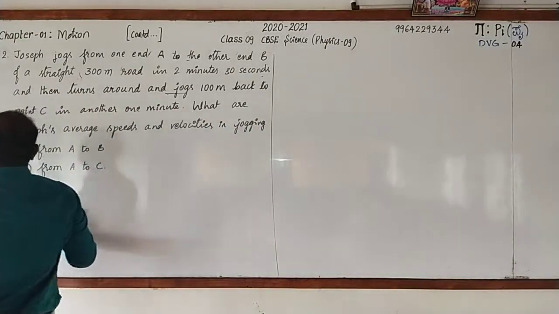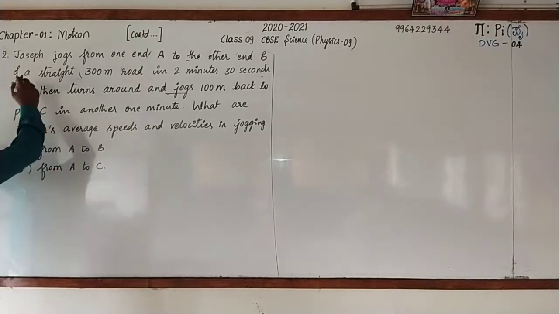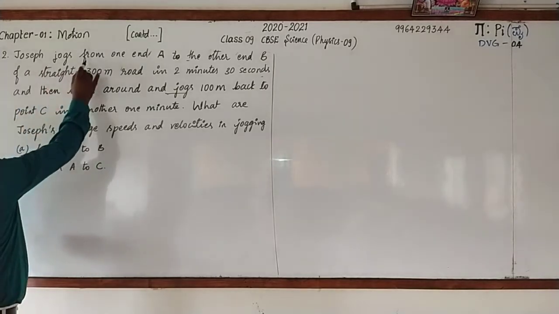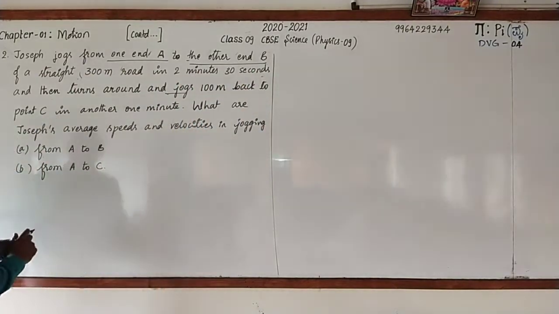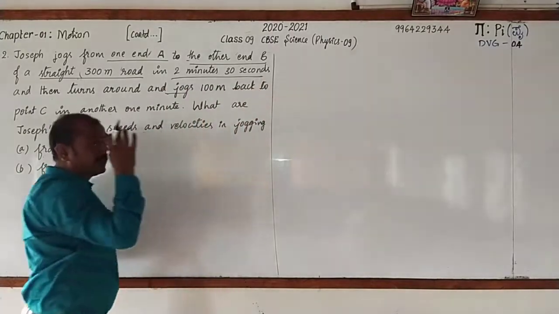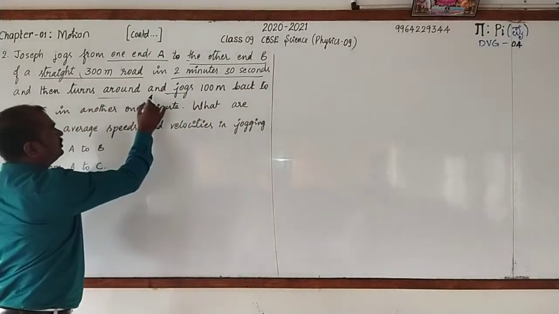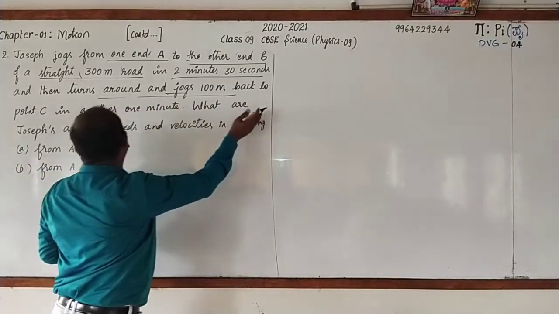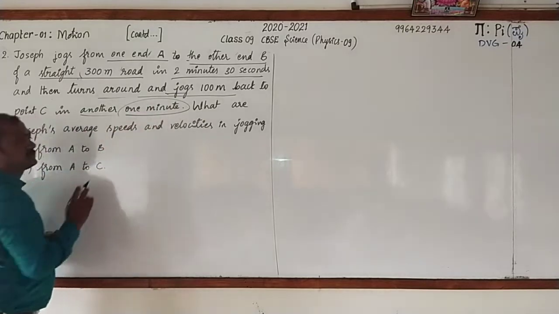Yes. Let me read the question. Listen carefully. Here, Joseph jogs from one end A to the other end B of a straight 300-meter road in 2 minutes 30 seconds, and then he turns around and jogs 100 meters back to the point C in another 1 minute.